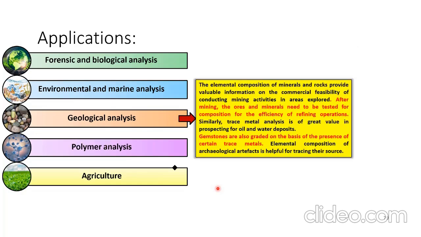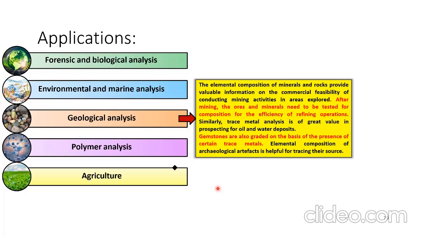Then geological analysis: we can check the elemental composition of minerals and rocks, and it provides valuable information on the commercial feasibility of conducting mining activities in areas explored. After mining, the ores and minerals need to be tested for composition and for the efficiency of refining operations. These can be done using this AAS or ICP technique.